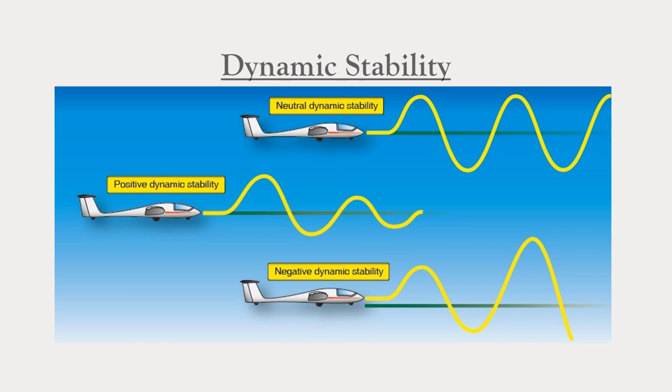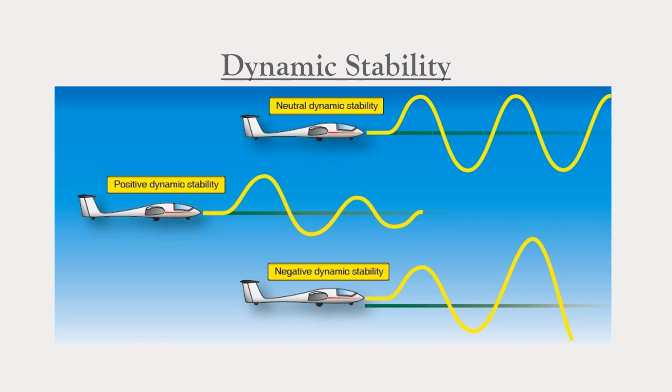In a system with neutral dynamic stability, like this top one, that oscillation will go on indefinitely at about the same amplitude. Positive dynamic stability, which is the second picture here, has oscillation, but the amplitudes get progressively smaller, and after a while, it's back in its equilibrium situation.